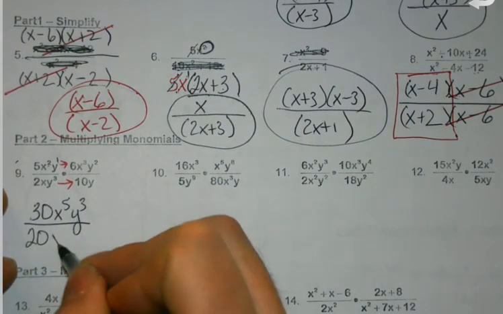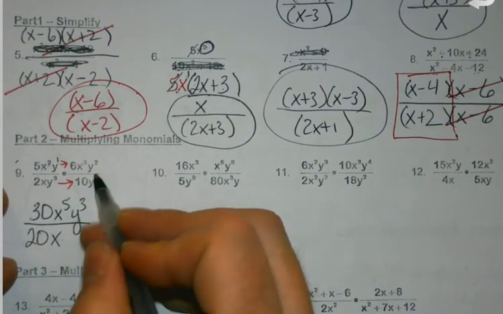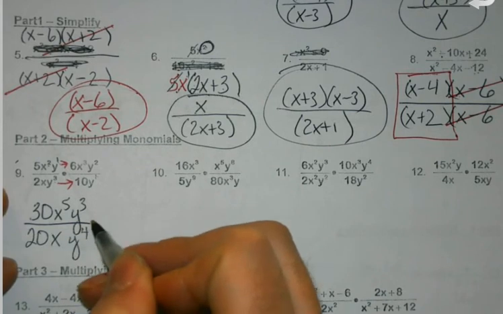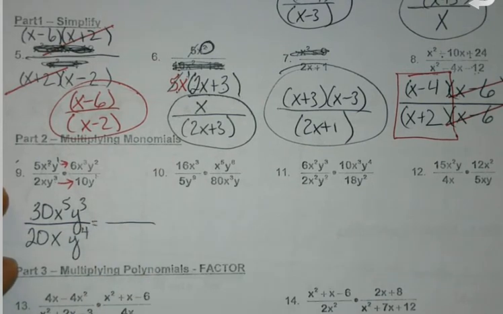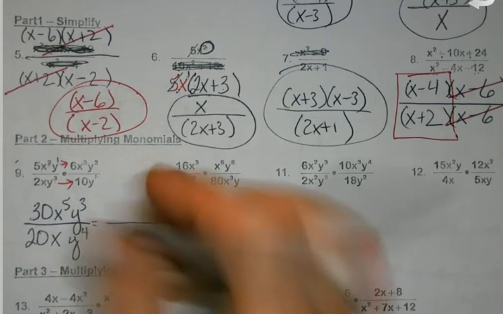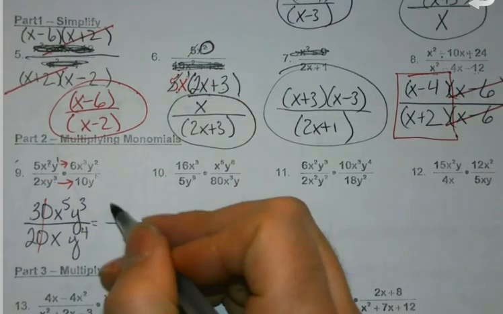I've only got a single x, and y to the 4th. Once we get that part done, we'll start at the left and move our way to the right. So what's 30 over 20 going to reduce down to? 3 over 2. Basically, the zeros just go away.